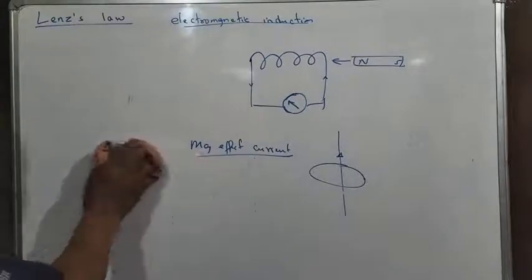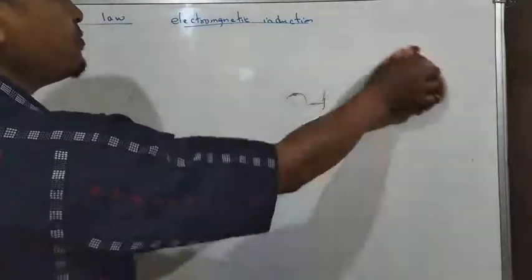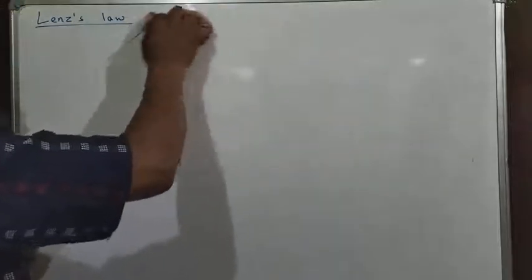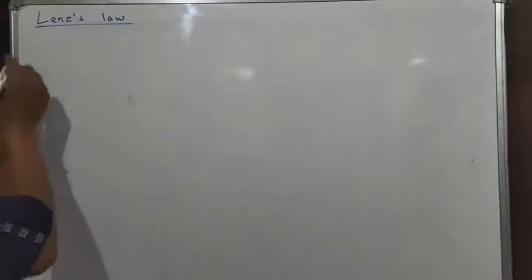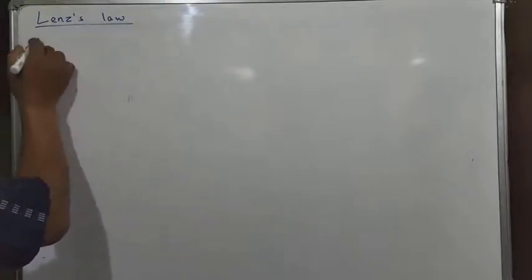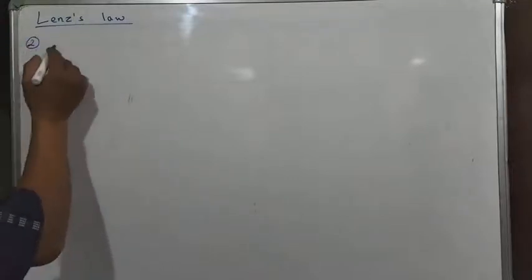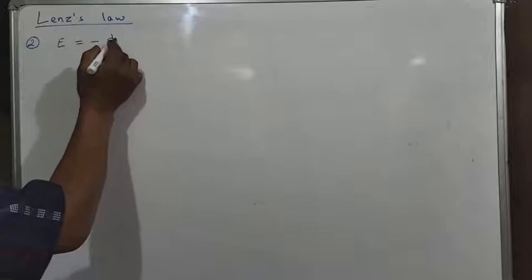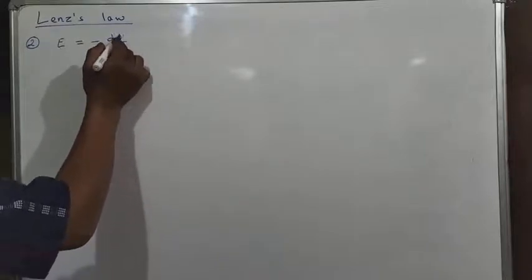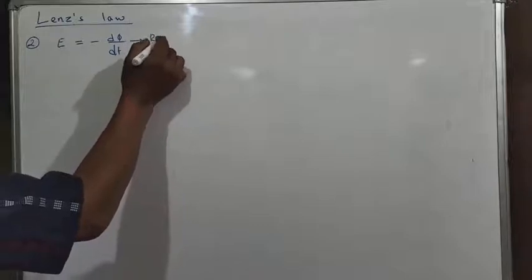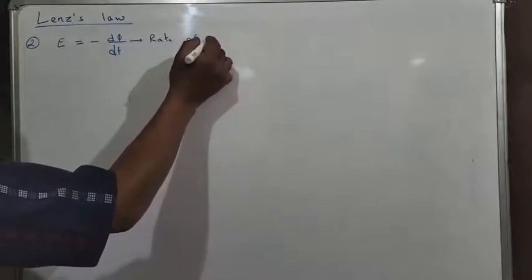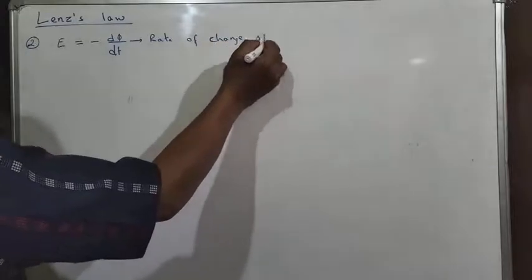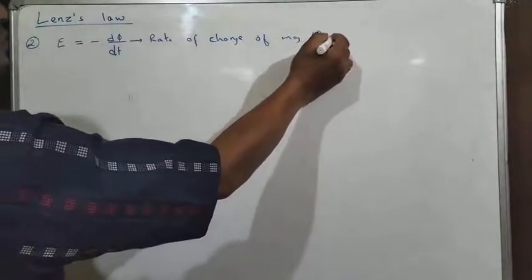Now, if you remember Michael Faraday's law of electromagnetic induction, this Lenz's law is actually associated with Faraday's second law, which says that the induced EMF in the coil is equal to minus d phi upon dt, where d phi upon dt is known as the rate of change of magnetic flux.